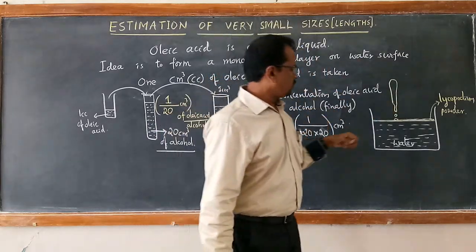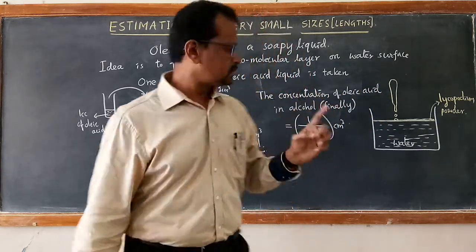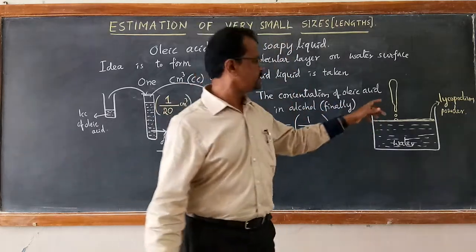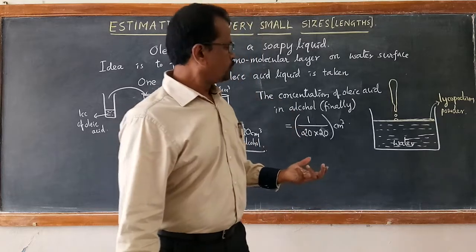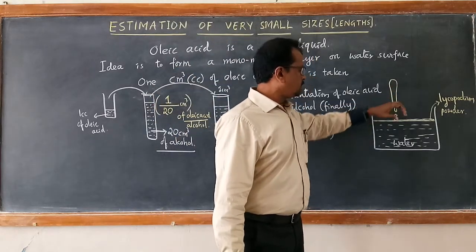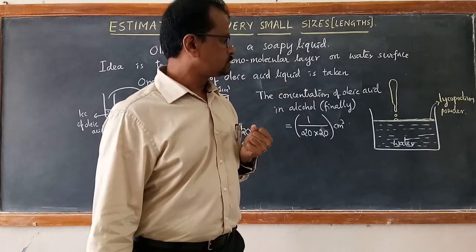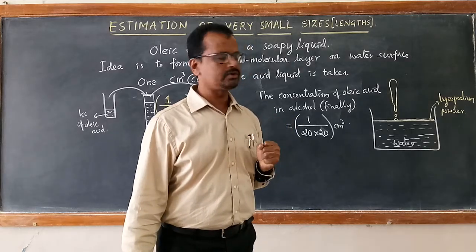So suppose you are dropping only one such drop, and what is the volume of that drop you must be knowing using this dropper, so that we can calculate what is the thickness of this layer that is formed. So how to calculate the thickness? That is the interesting question.